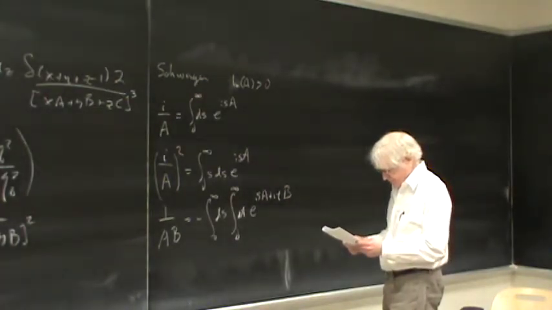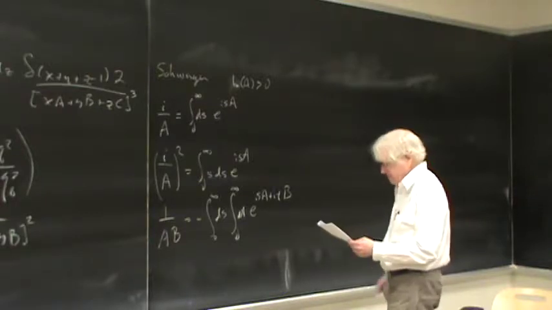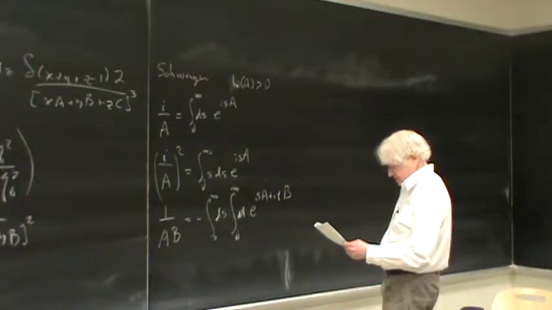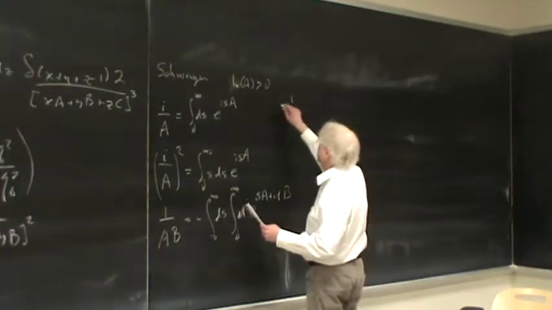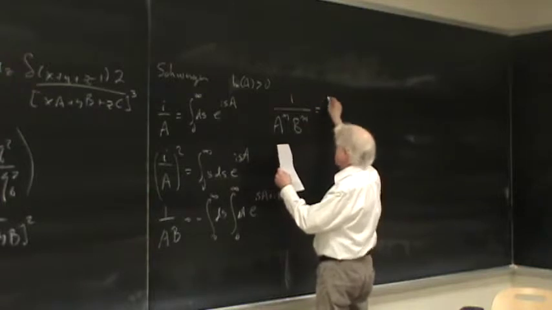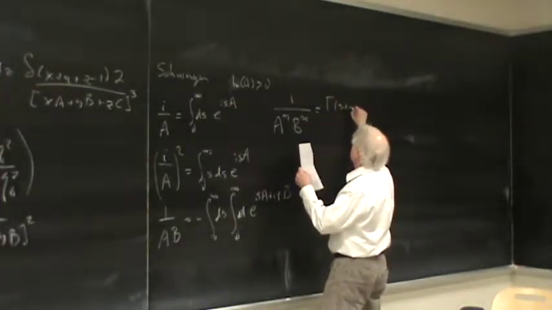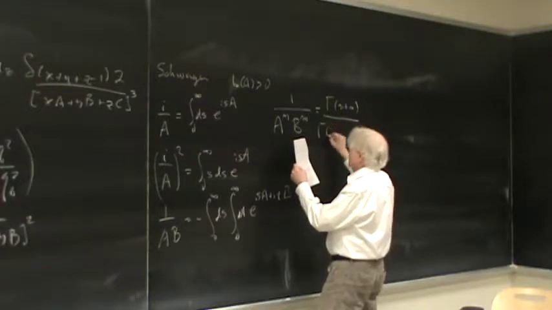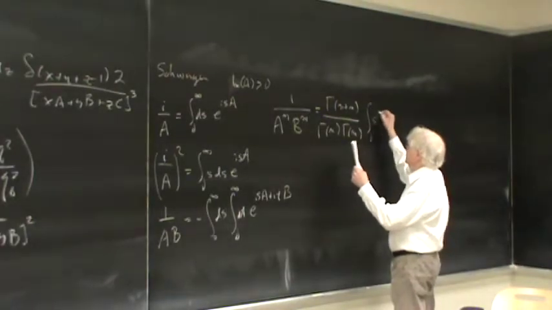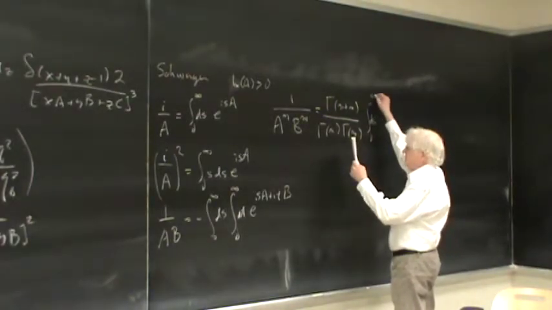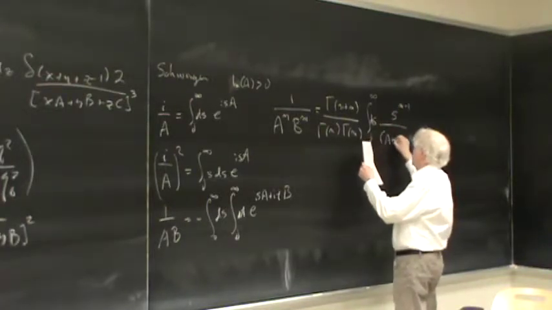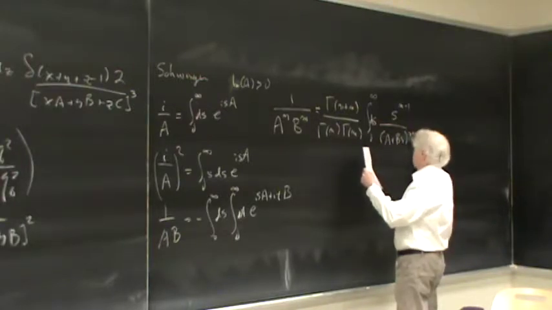And another one that, I guess, just on the fly, I don't quite see the derivation of this, but 1 over A to the n B to the m is gamma of n plus m over gamma of n gamma of m, times the integral 0 to infinity ds s to the m minus 1 over (A plus Bs) to the n plus m.